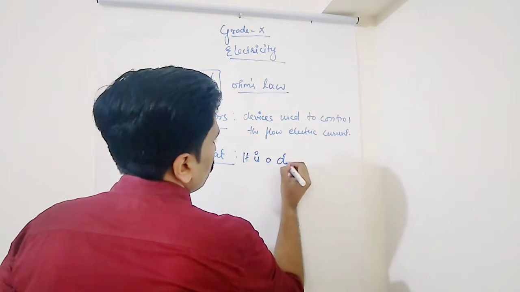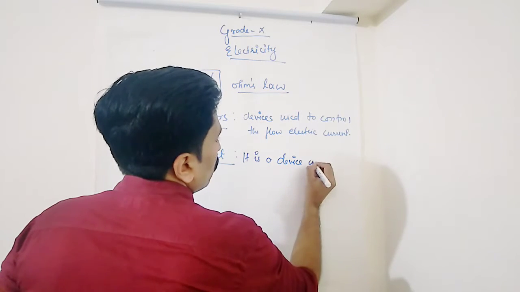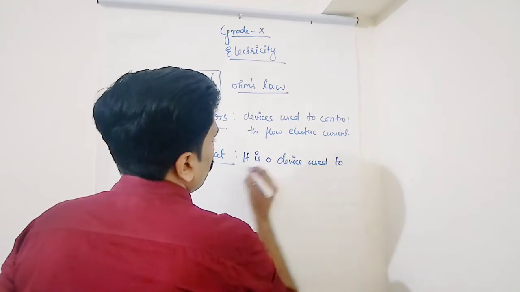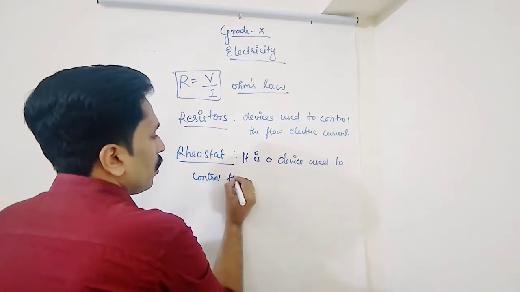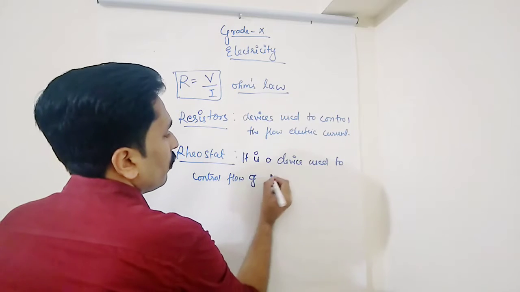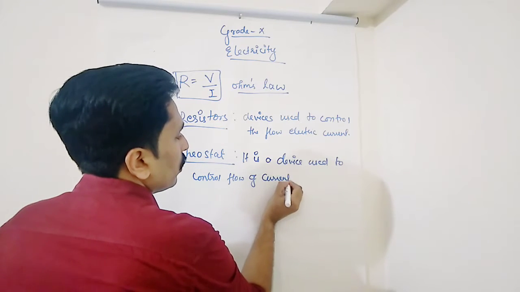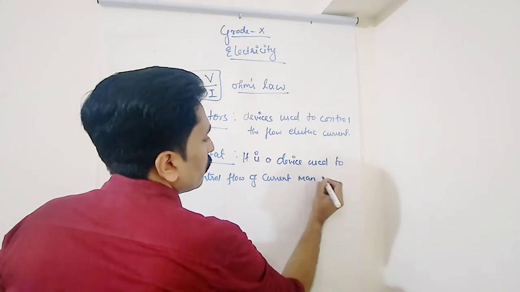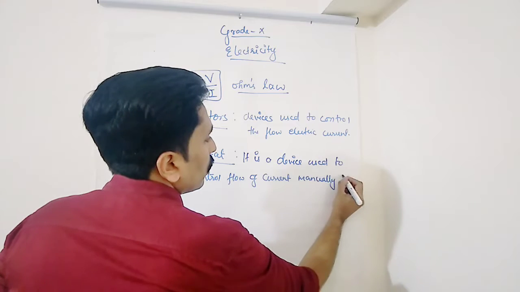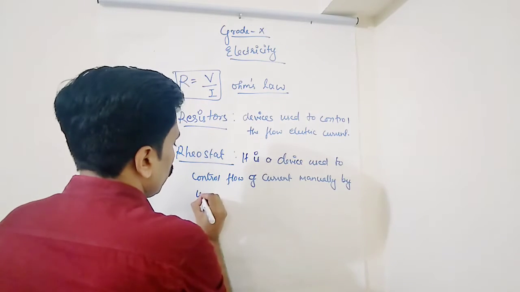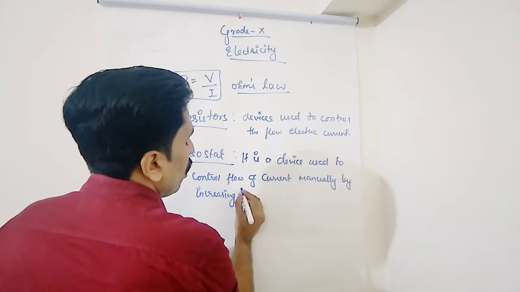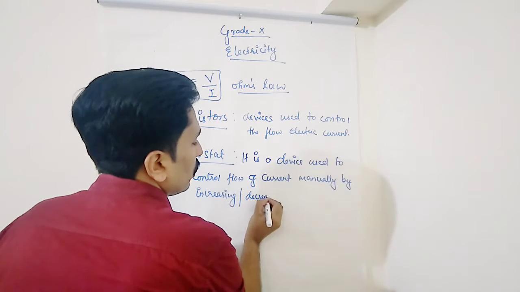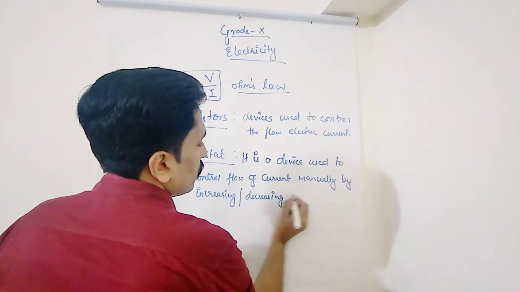It is a device used to control the flow of current manually by increasing or decreasing the resistance.